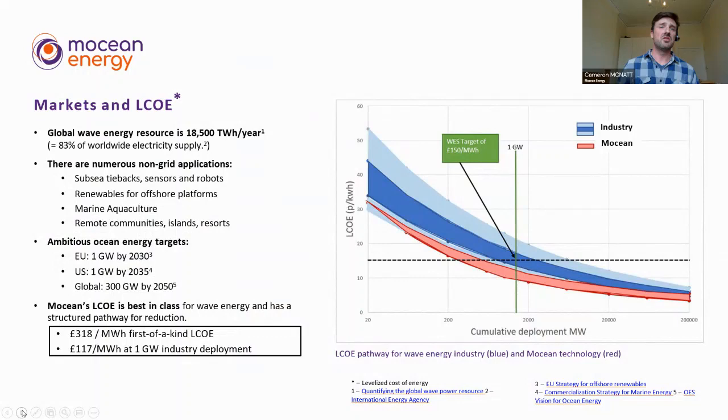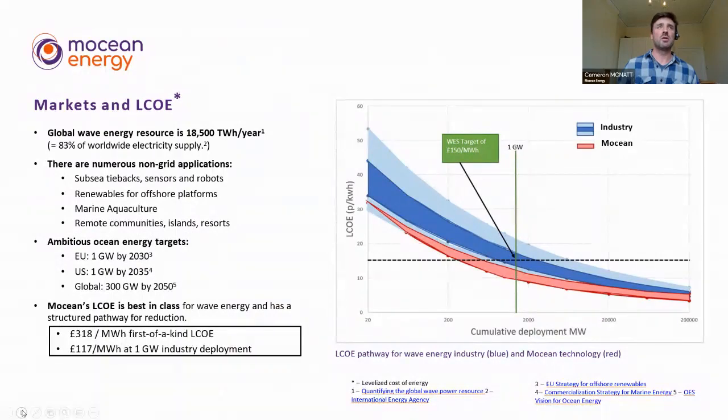And so our position on the LCOE curve, in blue, we see a kind of industrial spread projected by, I think it was from the SET Plan, and Mocean Energy is sitting at, for our first of a kind device, so if we were given a budget to build a machine right now, we would end up with an LCOE somewhere around 318 pounds per megawatt hour.